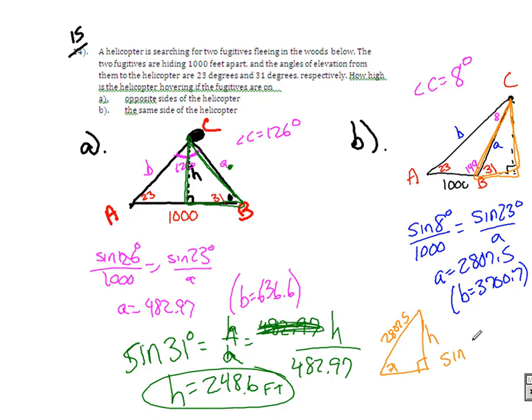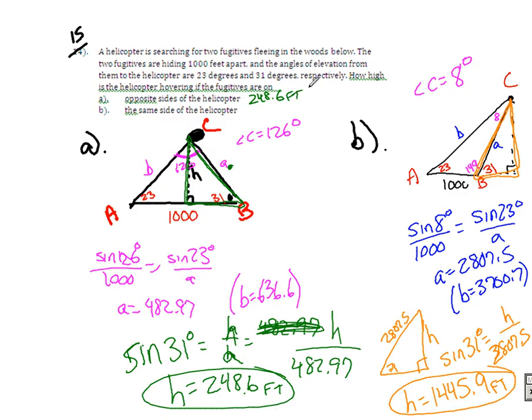So sine of 31 degrees equals my height over 2,807.5, which means my height equals, when I multiply by 2,807.5, 1,445.9 feet. So the answer to part A, down there in green, is 248.6 feet. The answer for part B, in orange, is 1,445.9 feet.